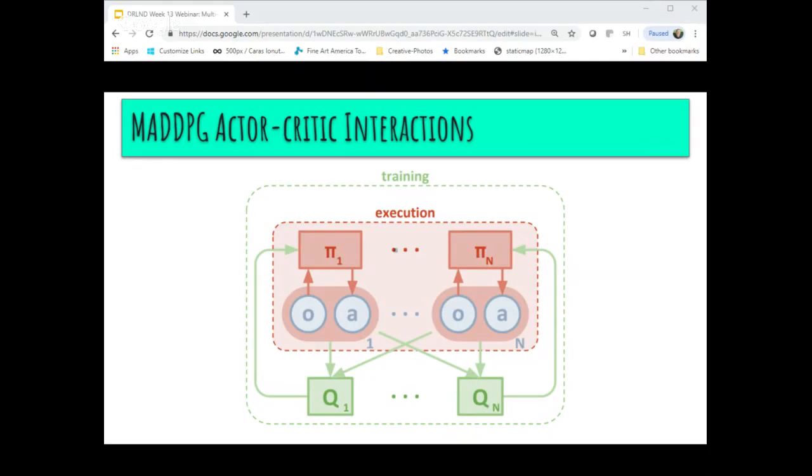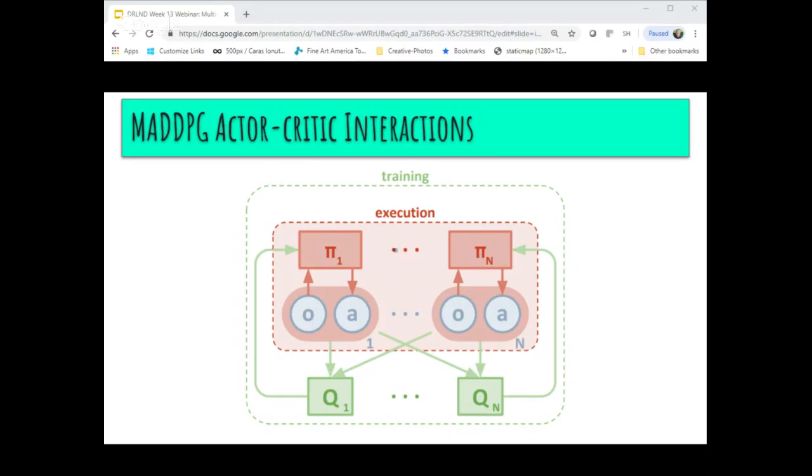But also here you can see that there are multiple actors, and during training, all that information from all the actors is fed into each and every one of the critics in order to better understand how these interacting agents impact the environment, and to get a better estimate of the value of each action that's taken in those individual states.